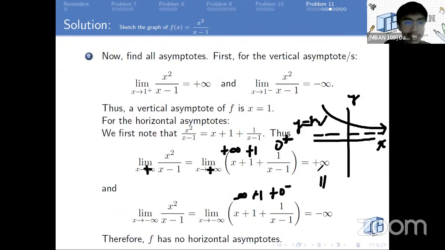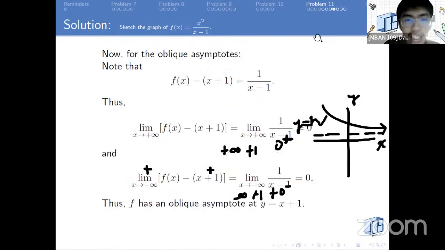So walang horizontal asymptotes. Kasi dapat may ma-approach na y equals some constant yung horizontal asymptotes natin. So yun lang. Next slide.